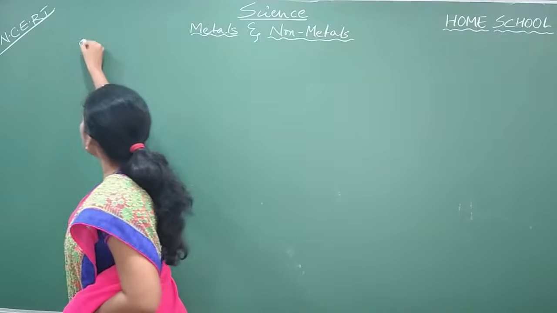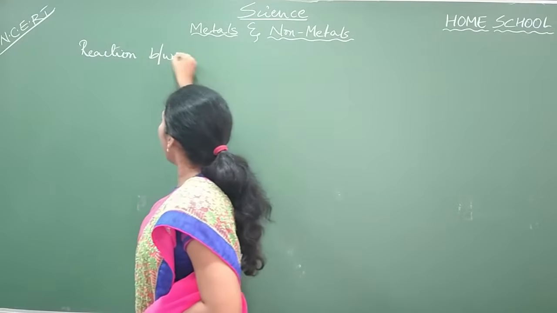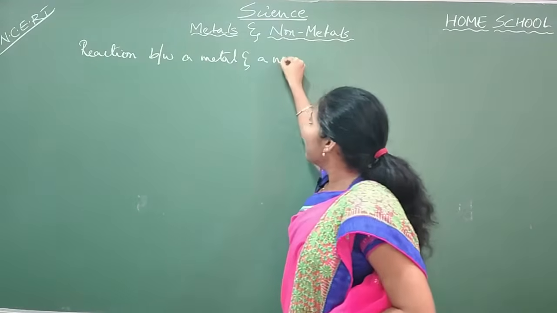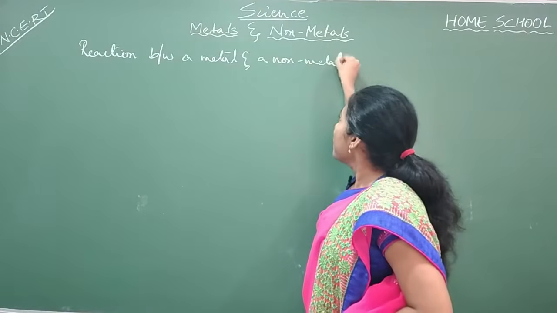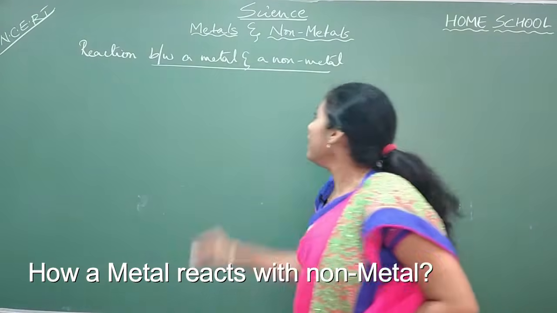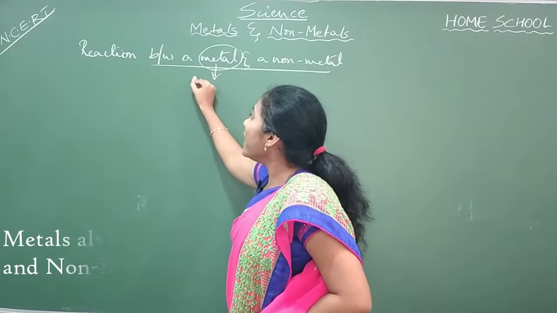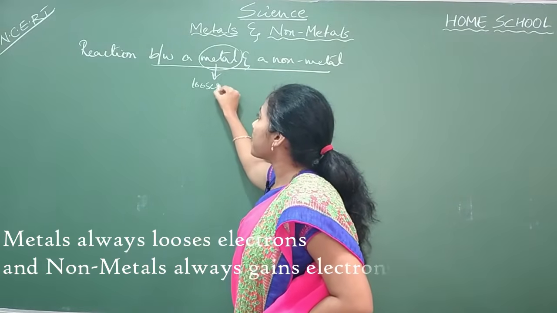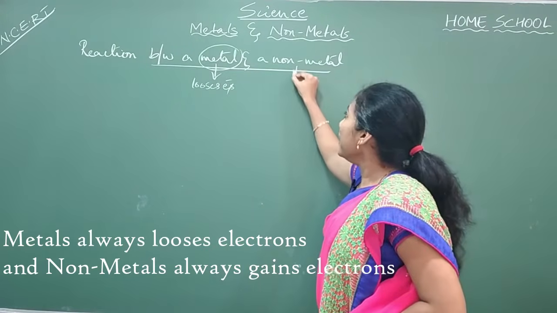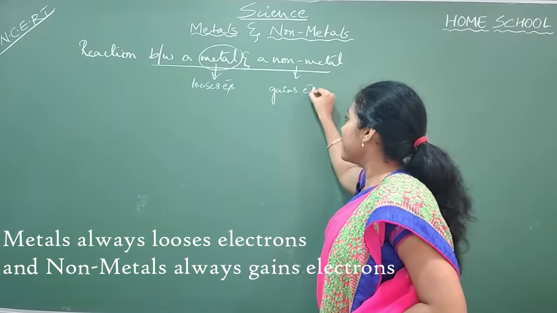Reaction between a metal and a non-metal. So how can a metal react with a non-metal? Very simple. Remember one particular logic: metals always lose electrons, and non-metals always gain electrons.